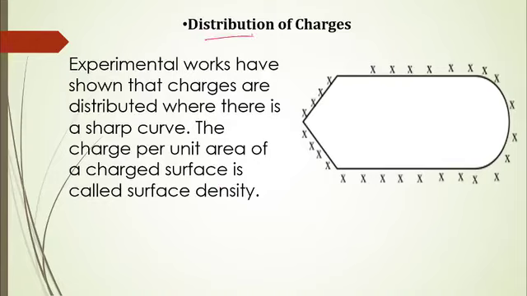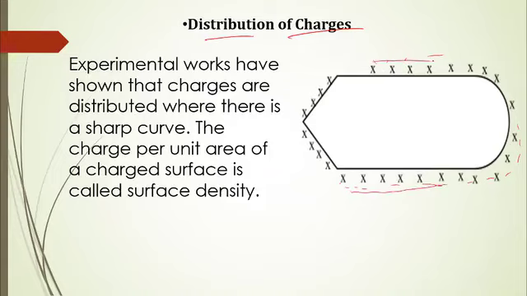At this point, let us talk about the distribution of charges. Take a very good look at this diagram and you see things marked X, X, X, X, X. Now these X's are all charges. But that's not the point. The point is the spacing of the charges, how far apart they are from each other. Notice at the base here, it seems like they are close.